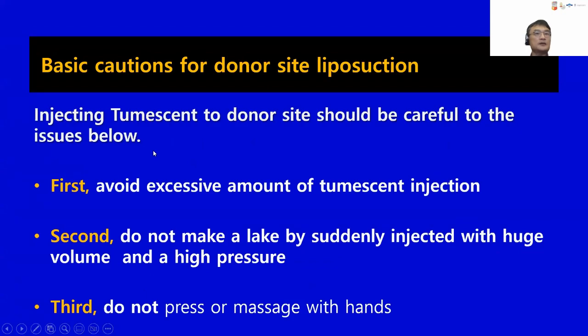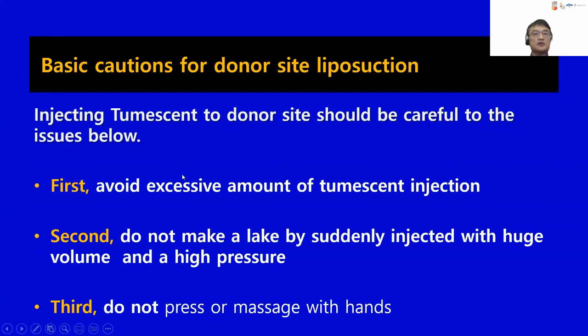Now, I will talk about several points for easy, comfortable, and successful liposuction. First, excessive injection should be avoided, or else adipose tissue is damaged due to pressure when too much is injected. Second, if tumescent solution is suddenly injected with a huge volume and high pressure, it develops a lake in the tissue, and it causes failure of anesthesia, or takes too much time, and sufficient liposuction may not succeed.